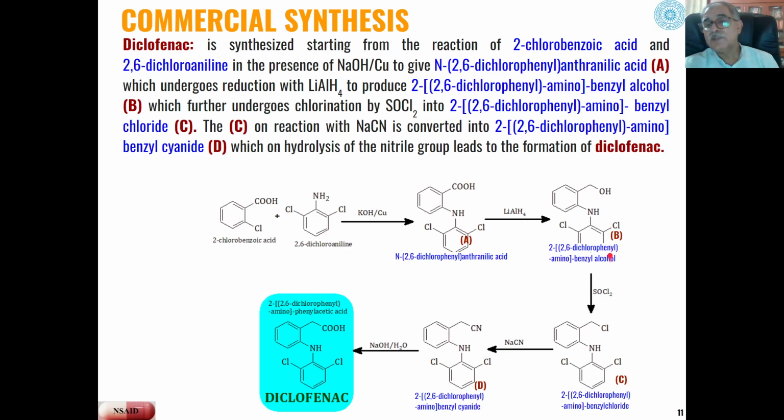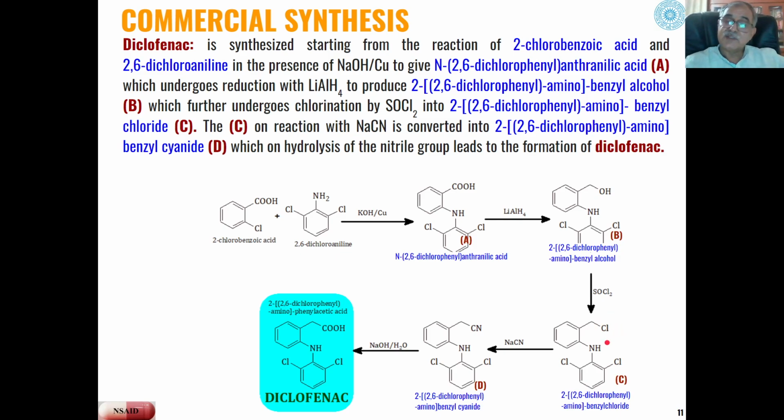Then this reduced derivative, when reacted with thionyl chloride, we know this is again an aliphatic nucleophilic substitution reaction. So OH will be replaced by chloro group. So the corresponding alkyl chloride will be formed.